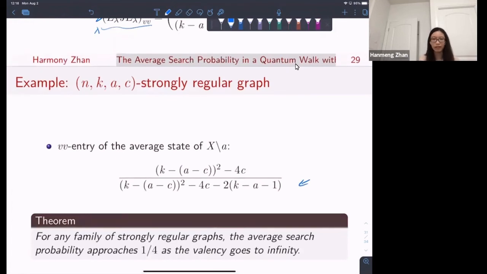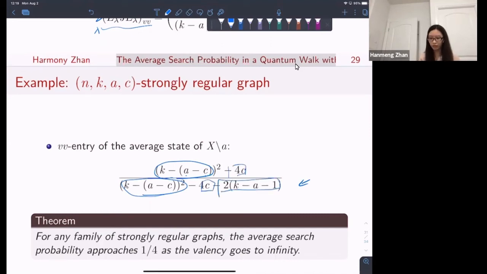Now, what do we know about a and c? a and c count the number of common neighbors. So they are both less than k, meaning that they will be at most linear in k, right? So the first terms in both denominator and numerator are quadratic in k. And the remaining terms are all linear in k, right?